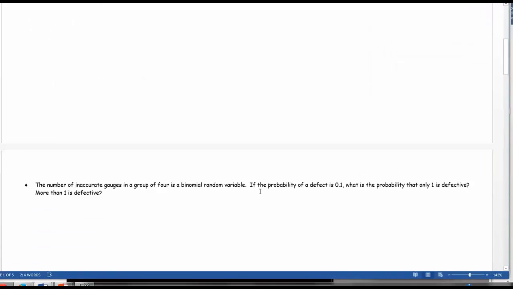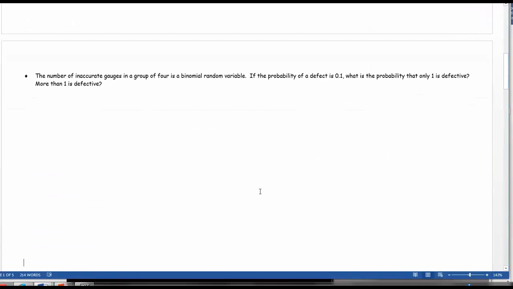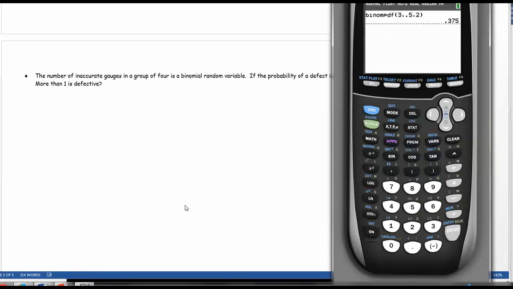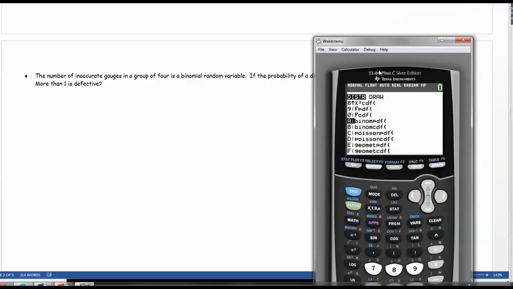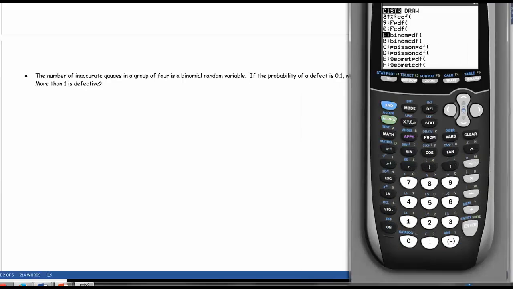Let me scroll down to the gauge problem. Okay, let me go back to that distribution menu again. All right, binomial. In this first one, we wanted exactly 1.